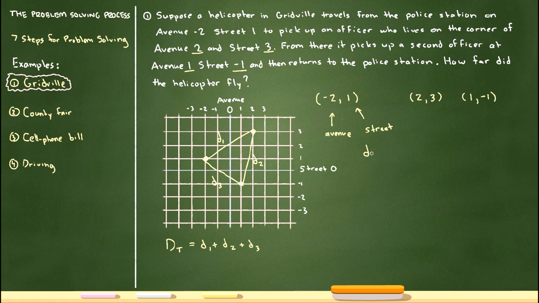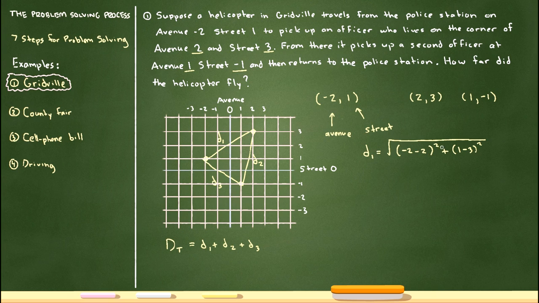So d1 is going to be the square root of, now it's going to be the difference of our x values for these 2 points, so -2 minus 2. So that's the run squared plus, and now the rise squared, the rise would be 1 minus 3. And that gets squared as well. So that's going to be d1.